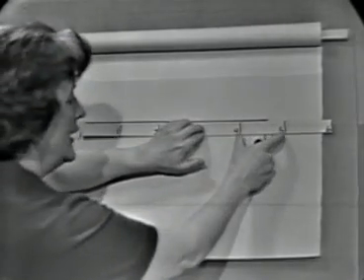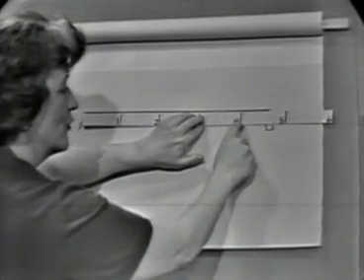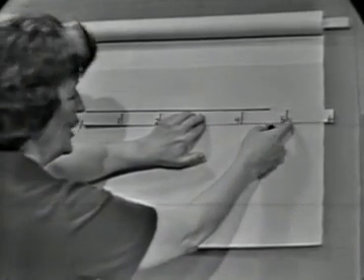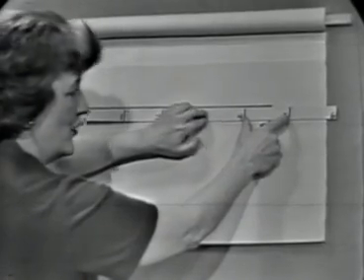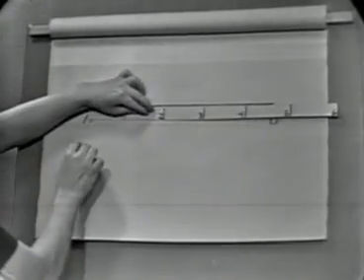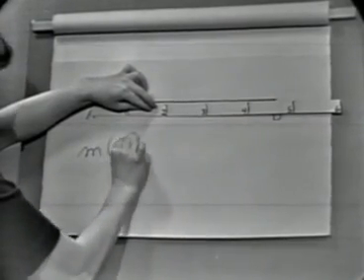To the nearest unit, and if this was the best scale we had, we would say then with this unit that the measure is 5. We can record that in this way.